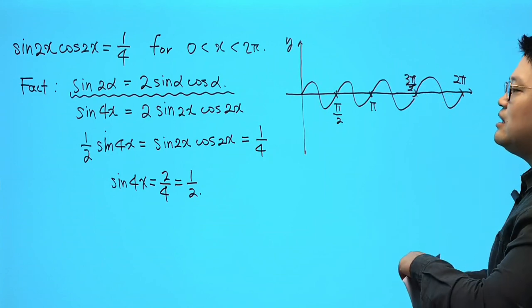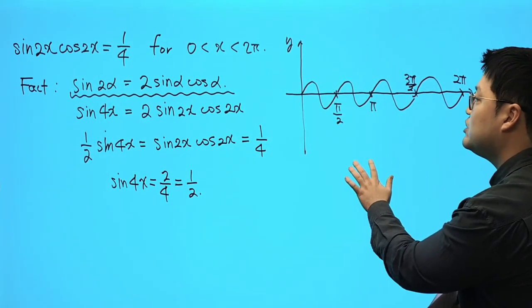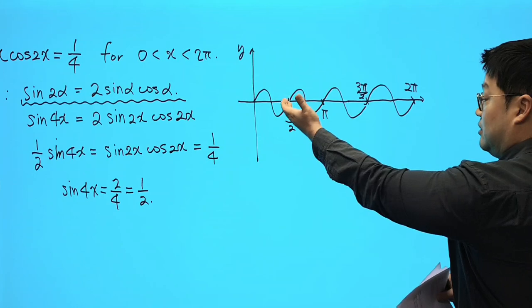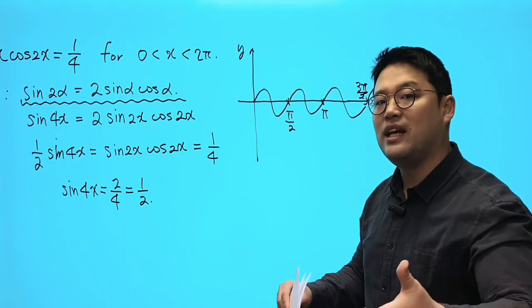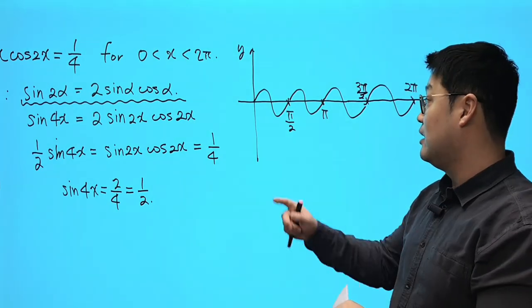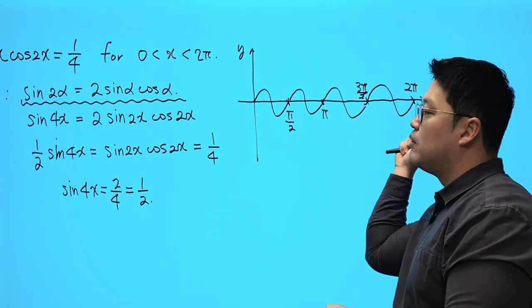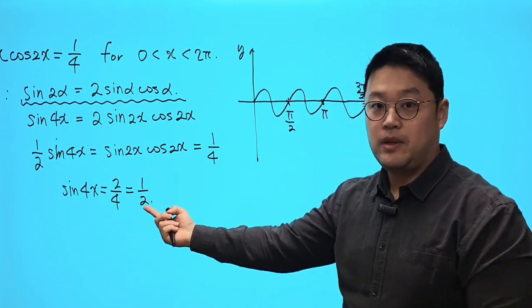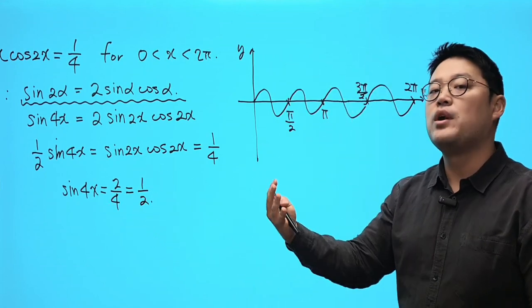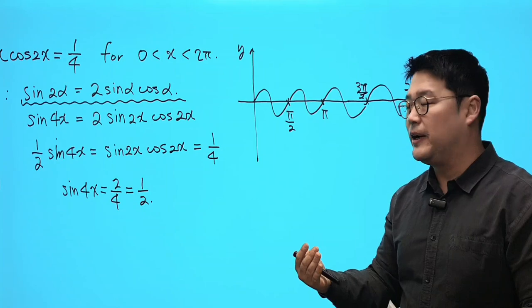In other words, in the original period, we need to make sure that there are 4 cycles stuck inside one full original period. Basically, we have shrunk the original graph horizontally by 4 times, right?